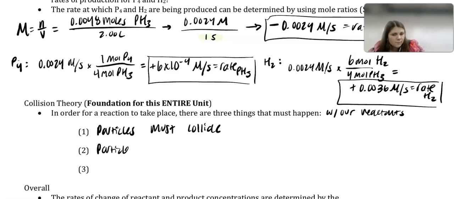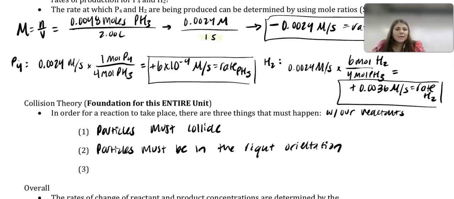Next, the particles must be in the right orientation. So here, if a particle is coming this way and this one is coming this way, they are not going to collide. They have to collide, I guess, head to head. But here, the orientation actually really does matter. And we'll talk more about orientation, like I said, in 5.5.